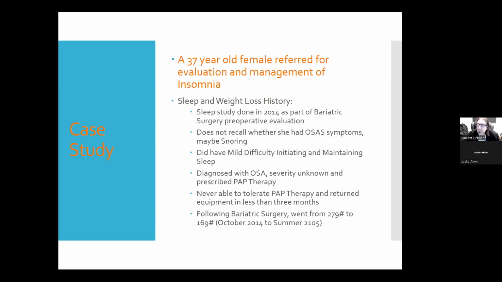She had a sleep study that was done in 2014 as part of an assessment for bariatric surgery, and she does not recall ever having any OSA symptoms. Maybe she was snoring. She did have, at that time, some difficulty initiating and maintaining sleep all the way back to 2014. She was diagnosed with obstructive sleep apnea.